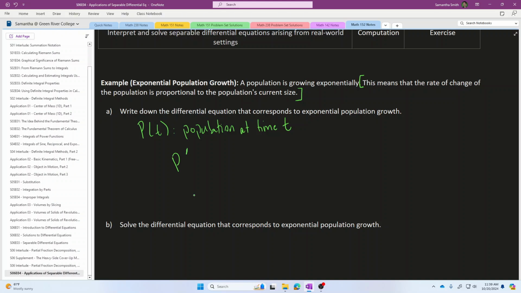They say it is proportional to. We remember that proportions mathematically are represented by a constant multiplied by. So I'm going to let that constant be called k.